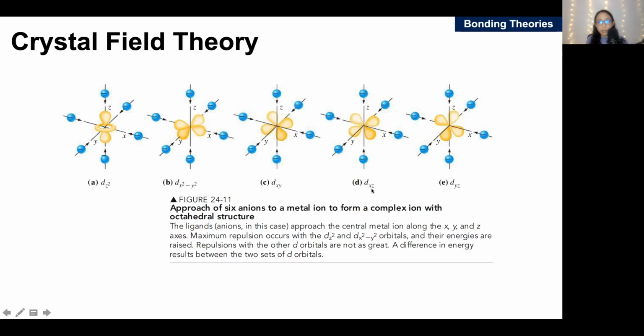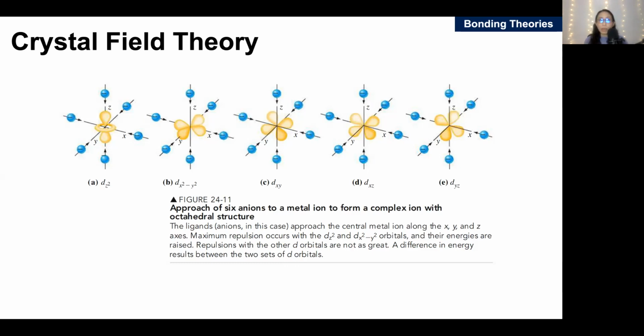Then you have the xz orbital, which has the lobes lying on the xz plane, and the yz orbital, which has lobes lying along the yz plane. So these are the shapes of your d orbitals. In the crystal field theory, we consider the interaction of your ligands with these d orbitals.